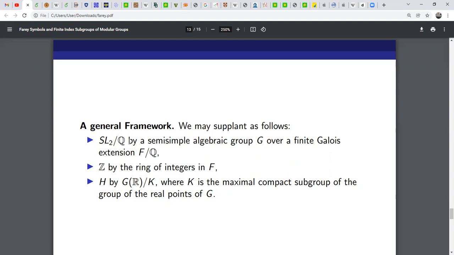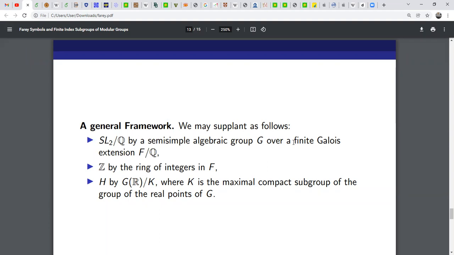Supplant this SL2 over Q. Originally, the symmetric space under consideration was SL2R by SO2, where SL2R is nothing but the group of real points of the algebraic group SL2, which happens to be semi-simple also.